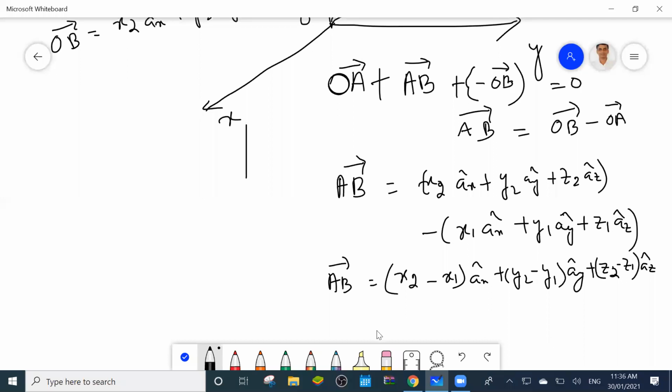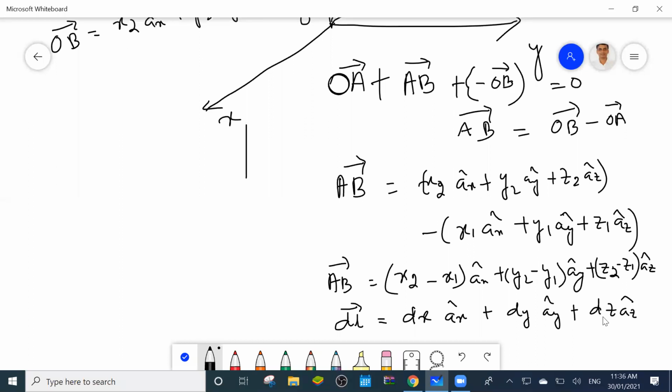In the Cartesian coordinate system, if we take the displacement, or shortest distance, this elemental length dl vector equals dx x cap plus dy ay cap plus dz az cap.